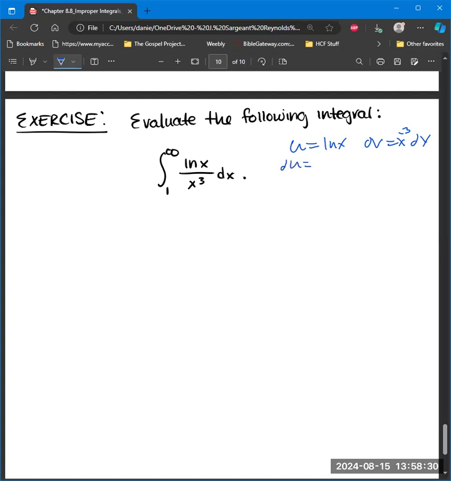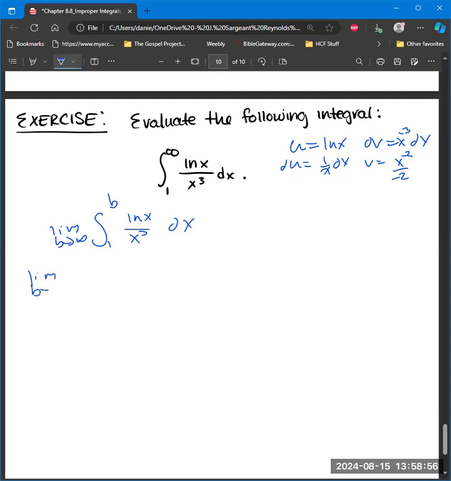So du is equal to 1 over x dx. V is equal to x to the negative second over negative 2. We're going to write this as 1 to b, limit as b goes to infinity of ln of x over x cubed dx, and we're going to integrate by parts.